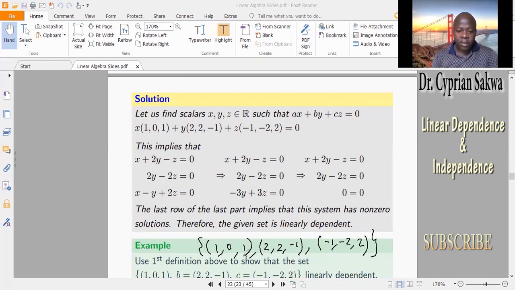Of course, if one can be written as a linear combination of the others, then the rest can too. So it doesn't matter which one you choose. If one accepts, the rest will accept. So that's our first definition that I want to use.